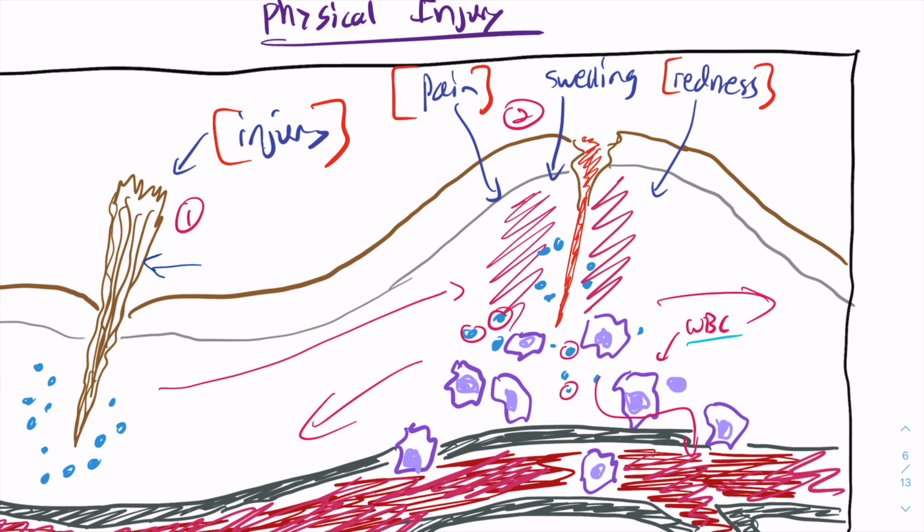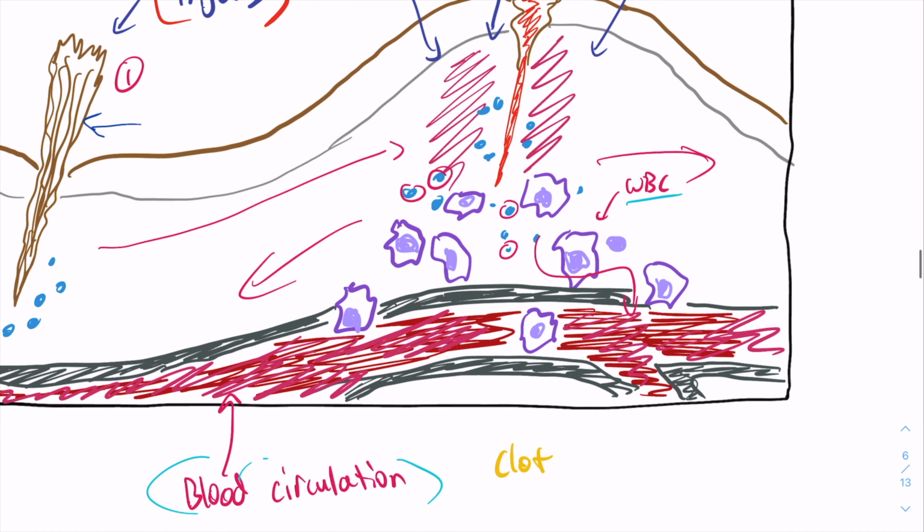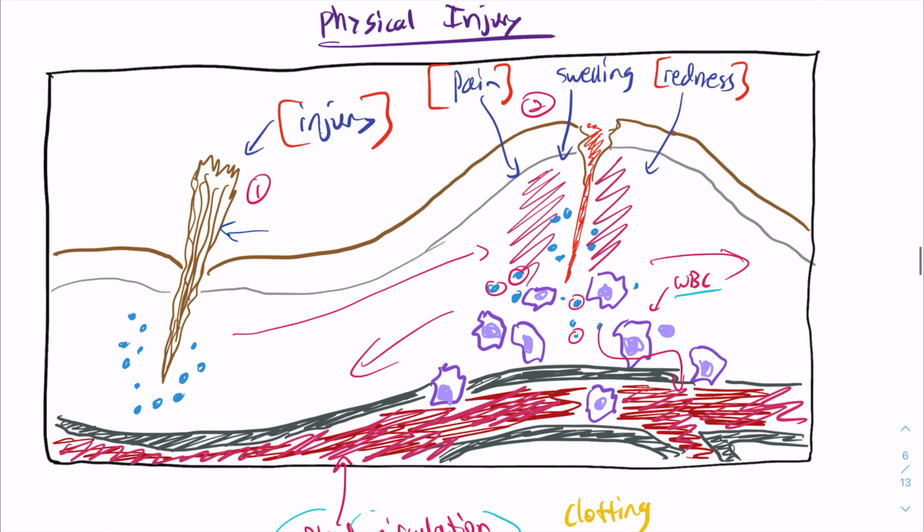When you have something like this, you'll have white blood cells that spring into action to destroy any bacteria or anything nasty that can get through that wound. You'll have this incredibly complex cascade of what's called clotting factors, and I'm not going to talk about that. It's a long process that clots the blood and does a bunch of other stuff.